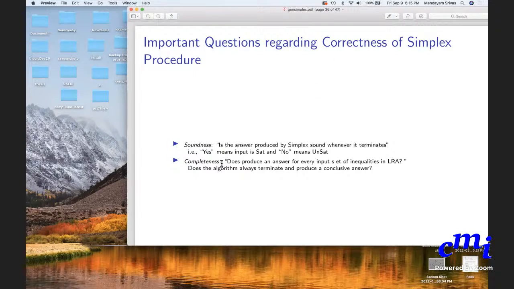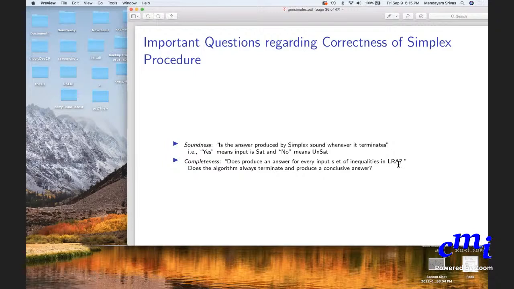The other important property of a decision procedure is completeness, which answers this question: does the procedure produce an answer for every possible input situation? In this case, does it produce an answer conclusively for every possible finite set of inequalities over linear real arithmetic?